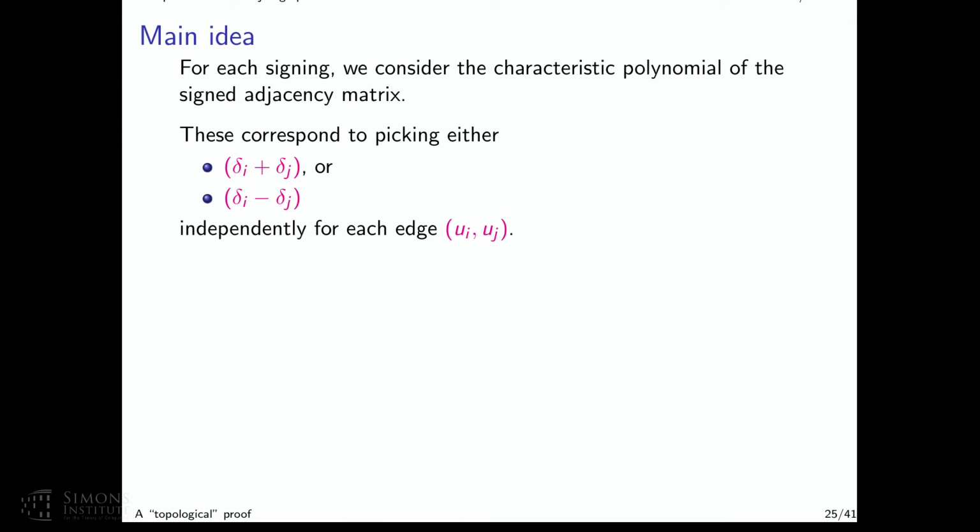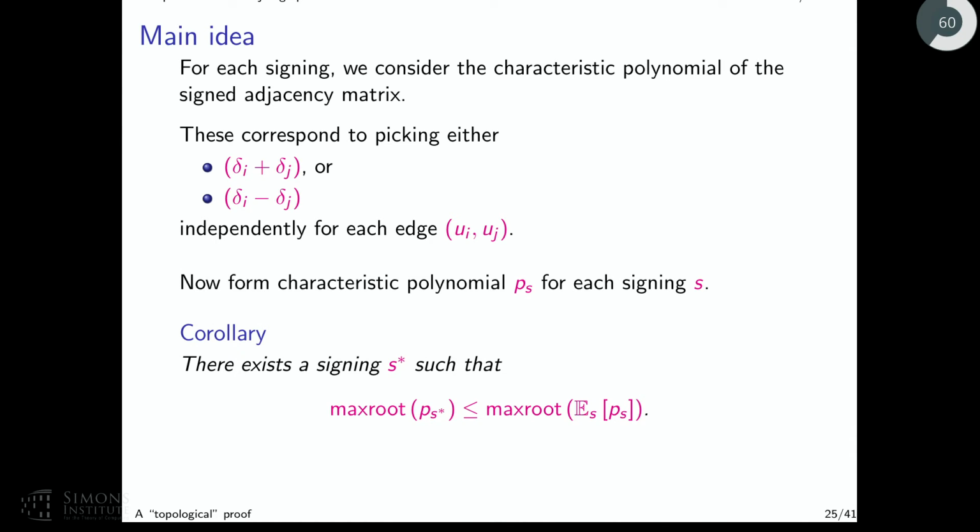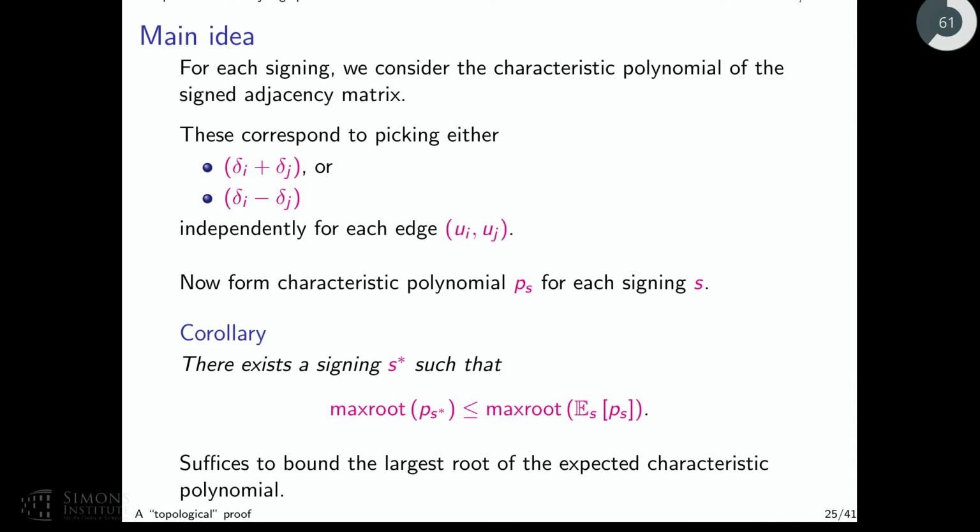If you do that independently, then you've satisfied the conditions of our theorem. So the corollary is that there exists a signing S star such that the maximum root of P_{S star} is less than or equal to the maximum root of the expected polynomial over all signings. Now it suffices to bound this expected characteristic polynomial.